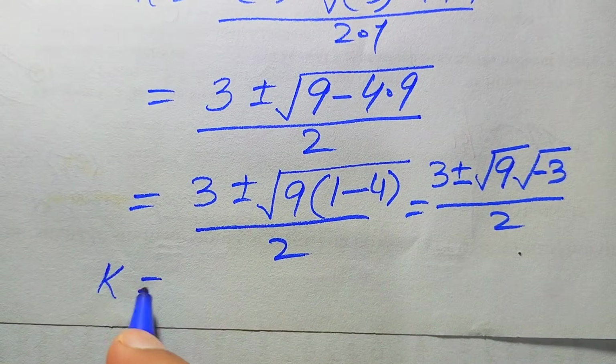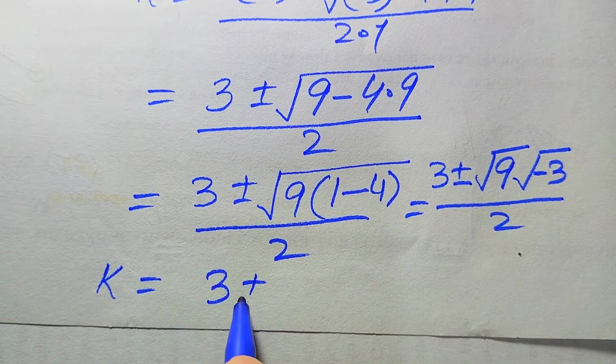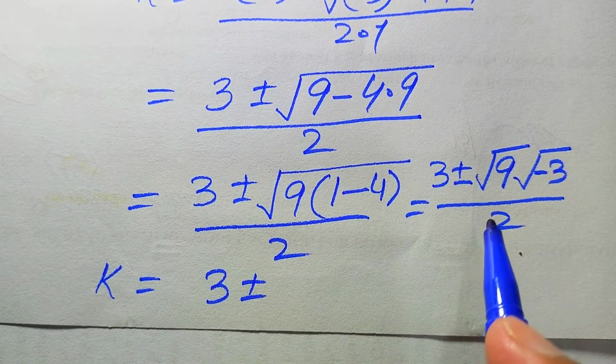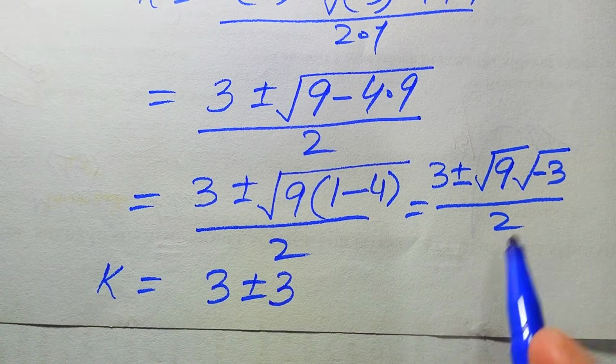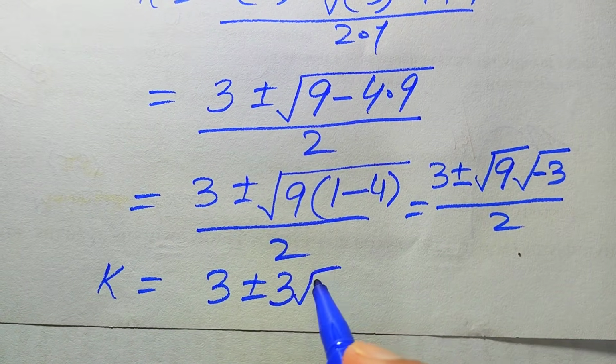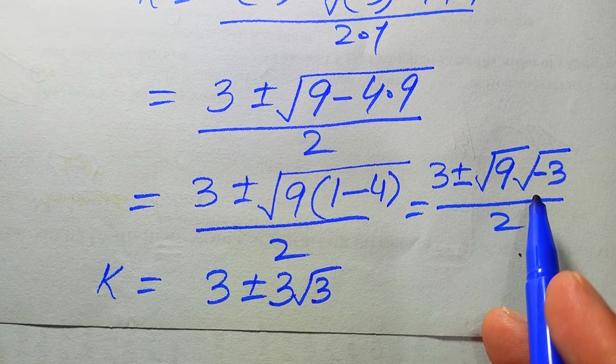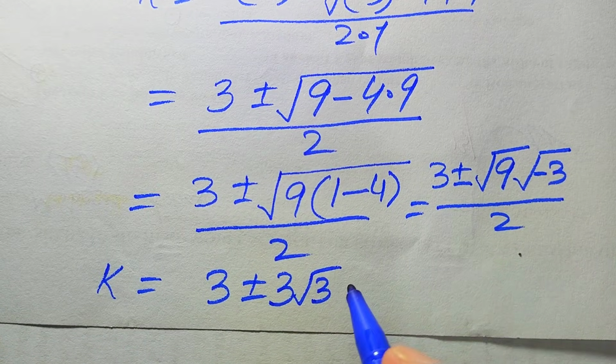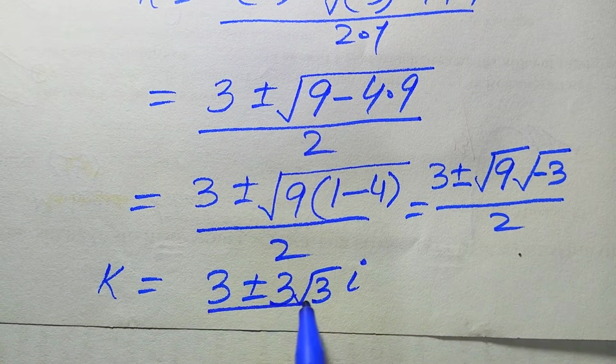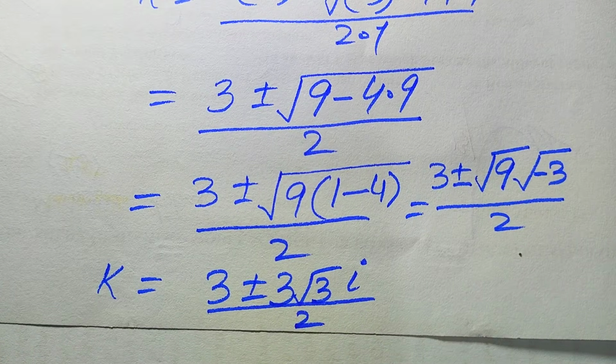And in the next step we have k equals 3 plus minus. We know that square root of 9 becomes 3 into square root of 3, and we know that square root of minus 1 becomes iota, and it is divided by 2.